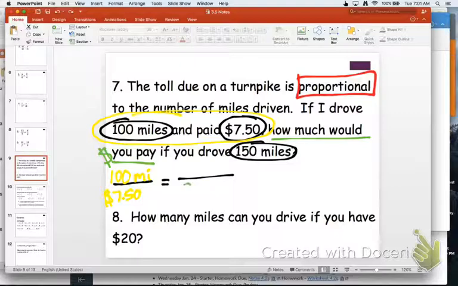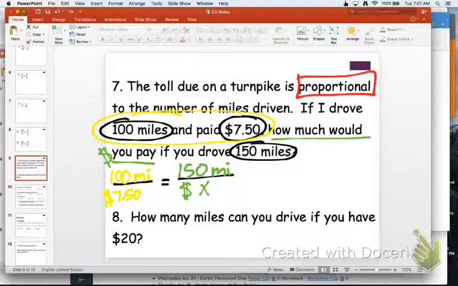Since I'm trying to find money, I'm going to put it down there, and I'm going to use that as my X. And I know I'm going to go 150 miles. In this problem, it didn't tell us which way to set it up, so we could have put our dollar units on top, but just remember, if you do that, your units need to stay dollars on top and miles on the bottom.